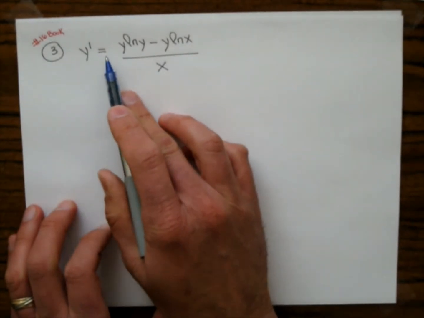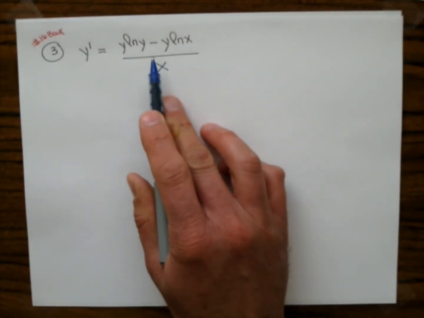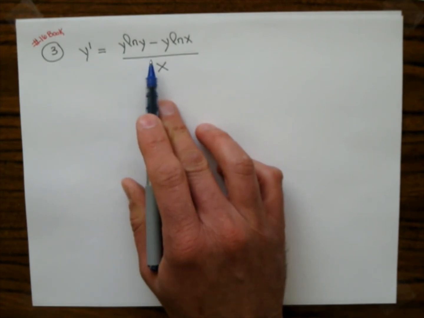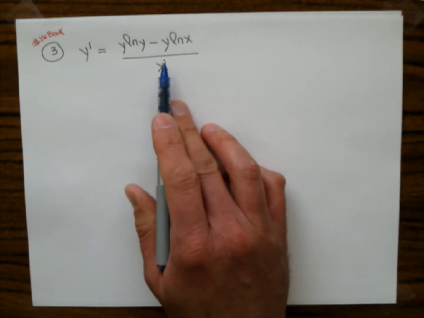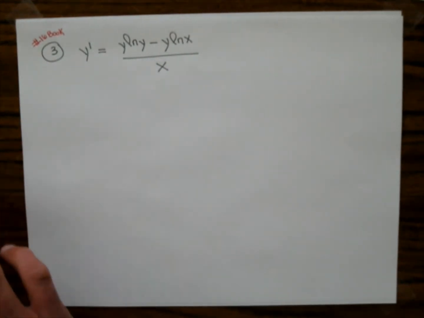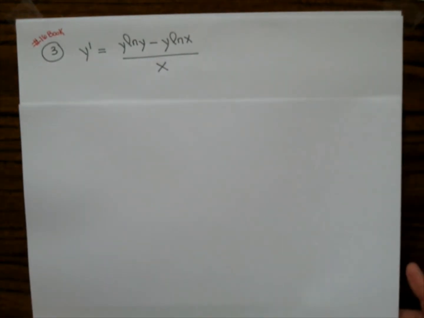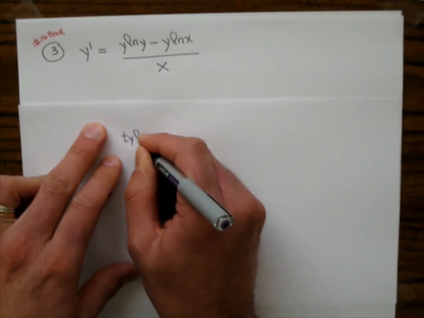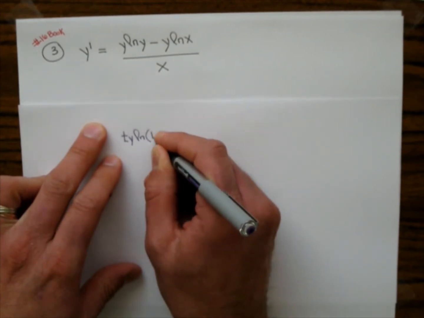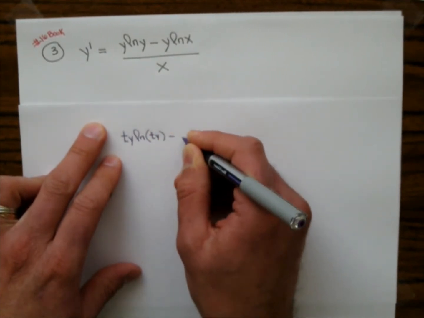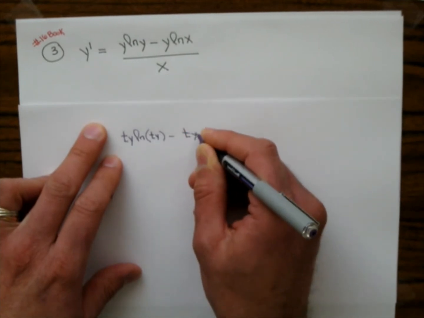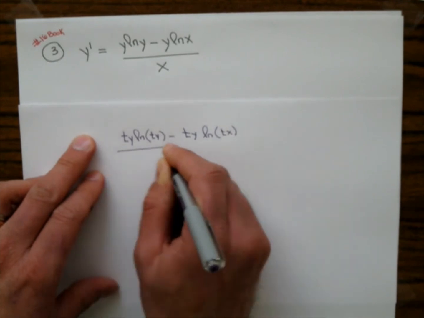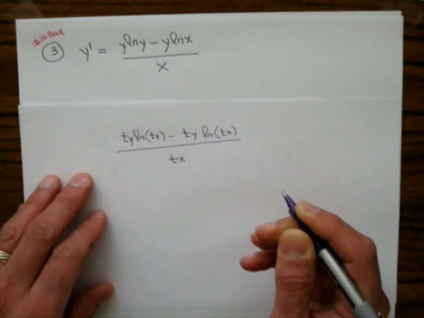I have y prime equals this, and you could verify that this is Euler-homogeneous. I'm going to do that. So we have ty ln ty minus ty ln tx, all over tx.